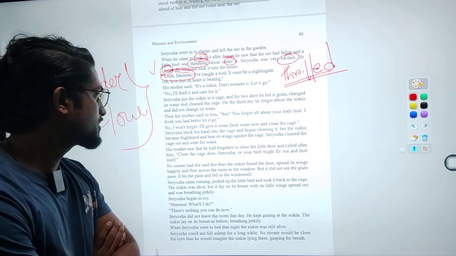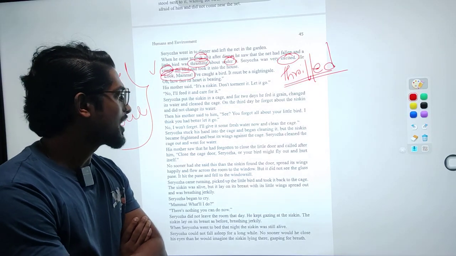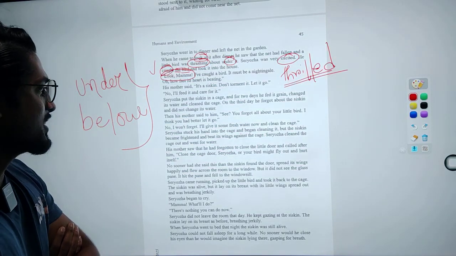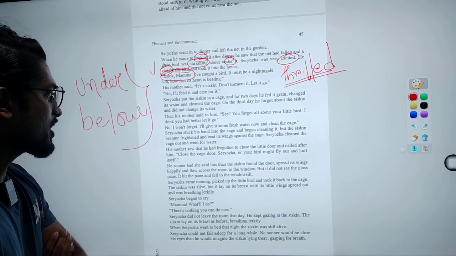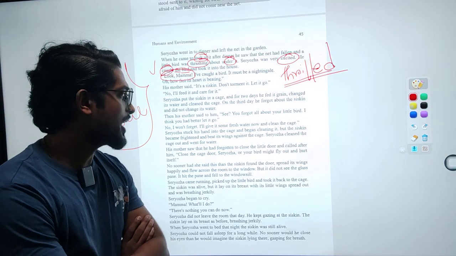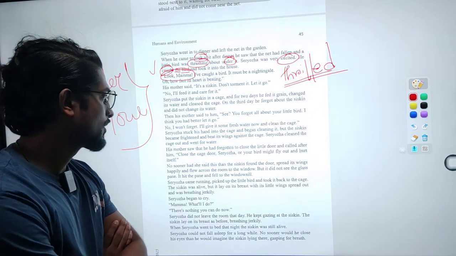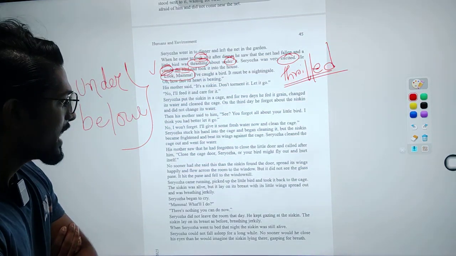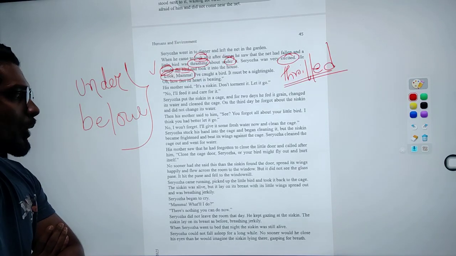Now I won't forget, I'll give it some fresh water now, clean the cage. Shailaja stuck his hand into the cage and began cleaning it, so এবং সে ক্লিন করা শুরু করলো কেজটাকে.